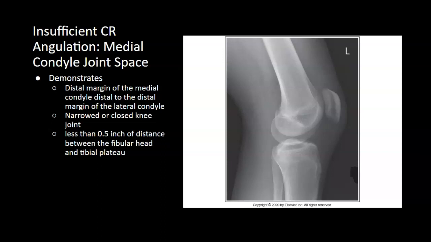A narrowed or closed knee joint will be demonstrated in less than 1/2 inch of the distance between the fibular head and tibial plateau.